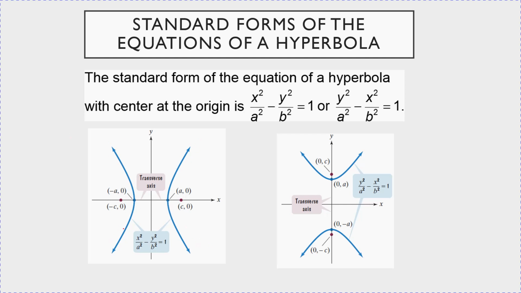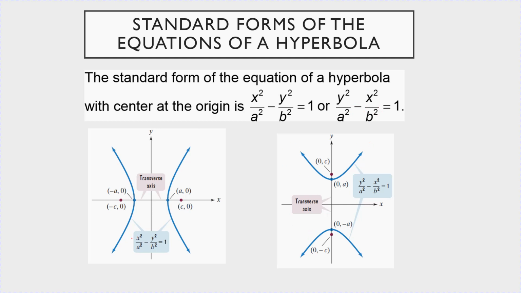What determines this is where the negative sign is. If you have x squared first minus y squared, it's going to be a hyperbola that looks like this. But if you have y squared divided by a squared minus x squared divided by b squared, then the hyperbola is going to look like this.